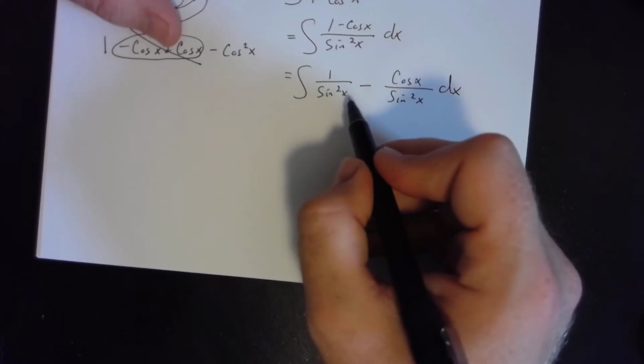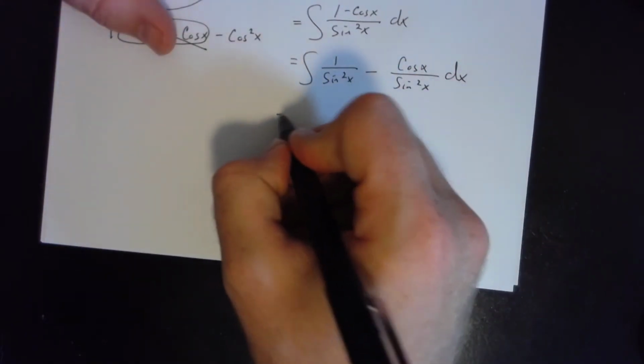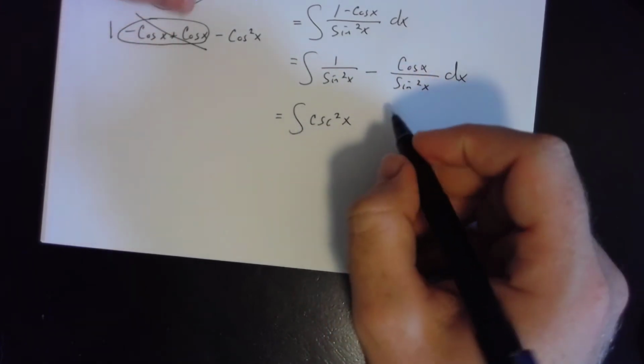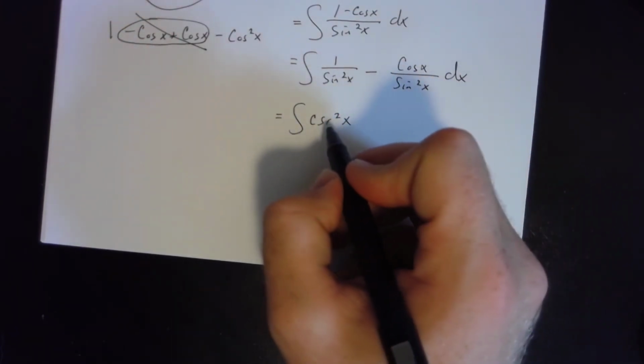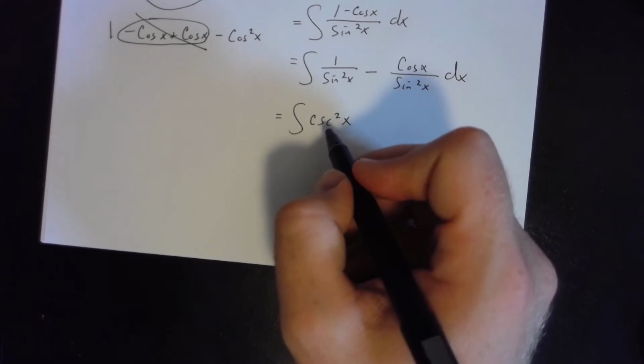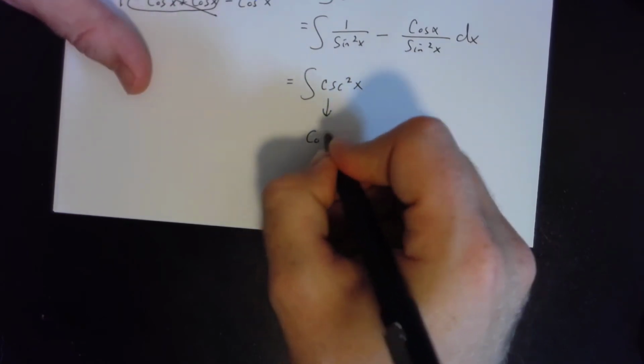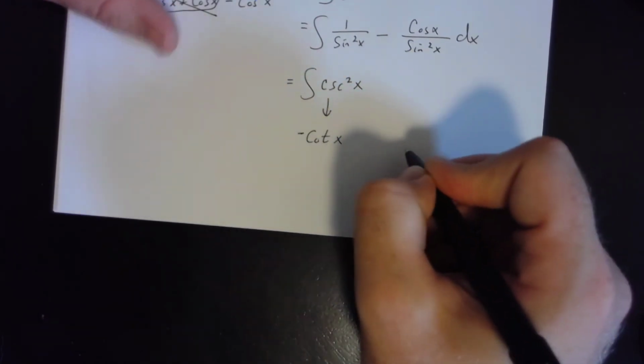This right here is going to be the integral of cosecant squared, which should be one of the formula rules that we remember from calculus 1. The derivative of cotangent is cosecant squared with a negative in front. So that means that the integral of cosecant squared should be cotangent of x with a negative sitting in front.